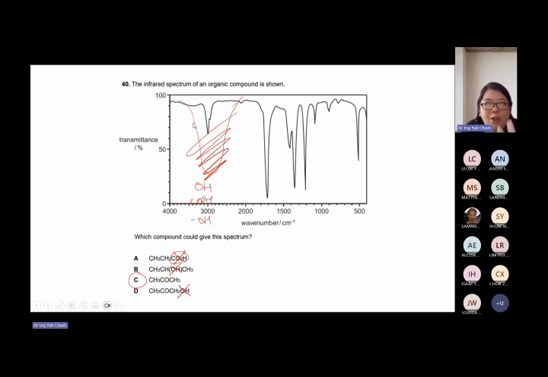If this OH is not for carboxylic acid, then the OH bond together with C double bond O could be a carbonyl at one carbon and an OH in another carbon: a carbonyl compound and alcohol. If the OH bond is for a carboxyl group and you see a C double bond O bond in the infrared spectrum, that is COOH. But again, you see, only checking one OH bond will give you the answer already. So to save time, always check the OH bond first.